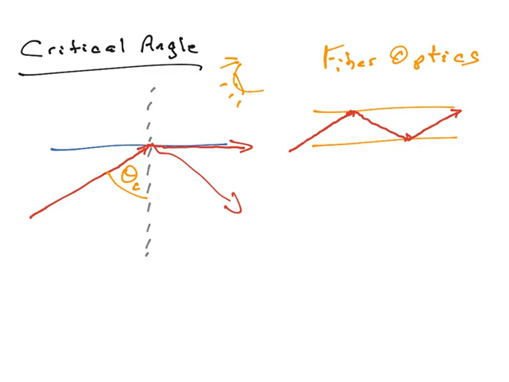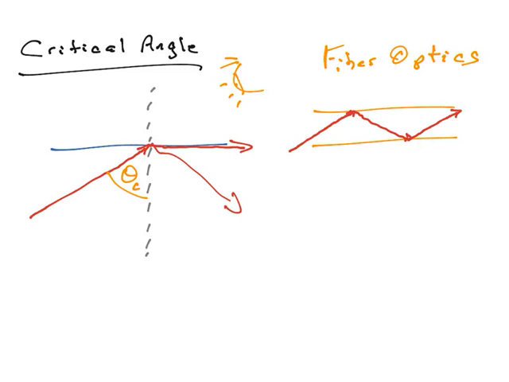You're sending light through glass fibers, and instead of the light being able to leave these fibers, they're stuck within it, totally reflecting internally until it reaches the end, at which point it can be input into some other thing. So this is a real thing, and it's an actual phenomenon that's made use of in everyday life. And the question is, how do we calculate that angle which allows this to happen? What is the critical angle?